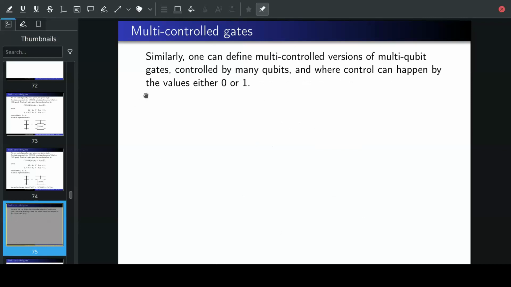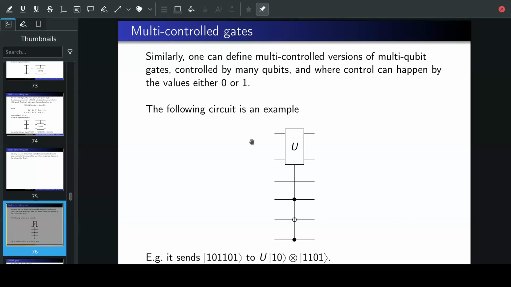Now, similarly, one can define multi-controlled versions of multi-qubit gates, which are controlled by many qubits, and where control can happen by the values either 0 or 1. For example, let's look at this circuit element. What we have here are 6 qubits.